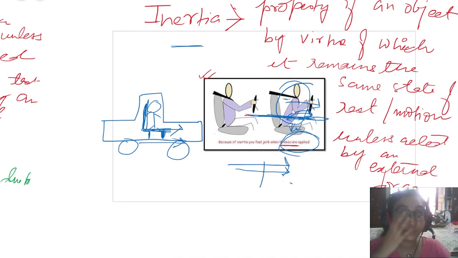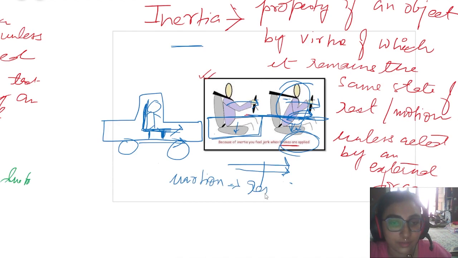So what does this mean? Since the car was moving, the whole body was moving. As soon as the brakes were applied, the car stopped. The lower part of the body of the person driving the car, in contact with the seat, also stopped, but the upper part took a little time due to inertia of motion. It leaned forward because it had not yet understood that I have to change my motion from motion to rest.